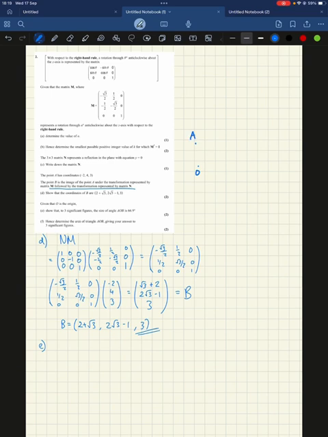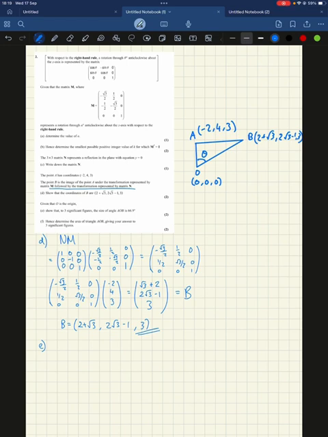Let's just say here this is A, minus 2, 4, 3, and let's just say this is B, 2 plus root 3, 2 root 3 minus 1, and 3. So let's just create a triangle. Okay, so 2 plus root 3, 0, 0. And we have to find this angle, let's say theta.